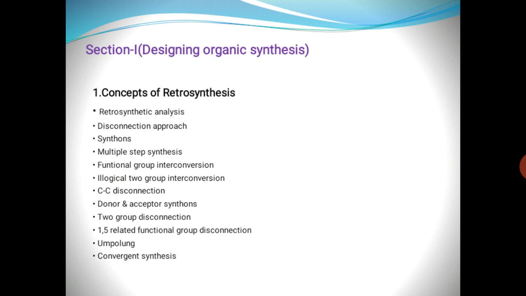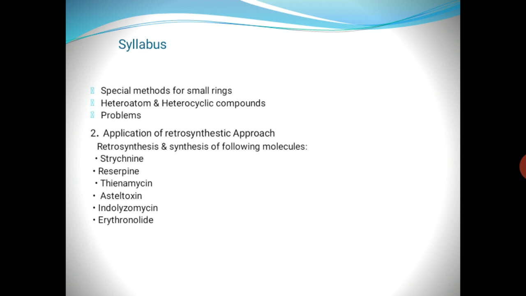Then illogical two group interconversion, carbon-carbon disconnection, donor and acceptor synthons, then two group disconnection, then 1,5 related functional group disconnection, then umpolung, then convergent synthesis. Then special methods for small rings, heteroatom and heterocyclic compounds and their problems.